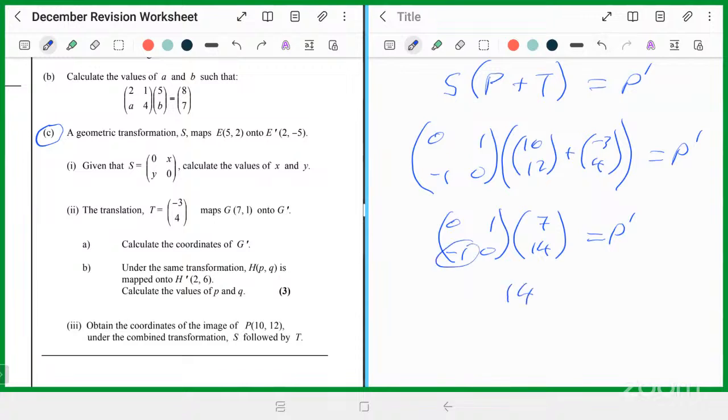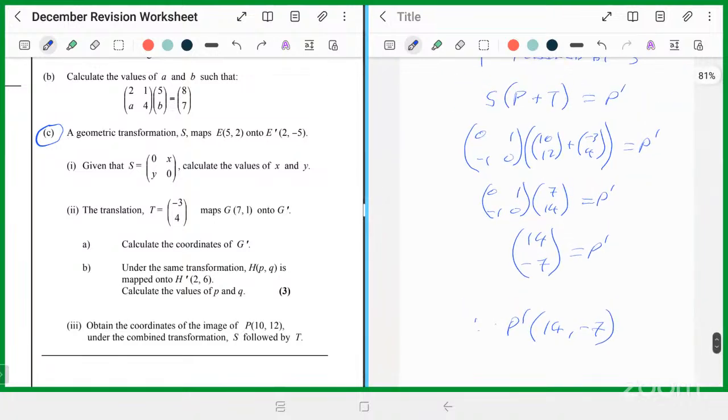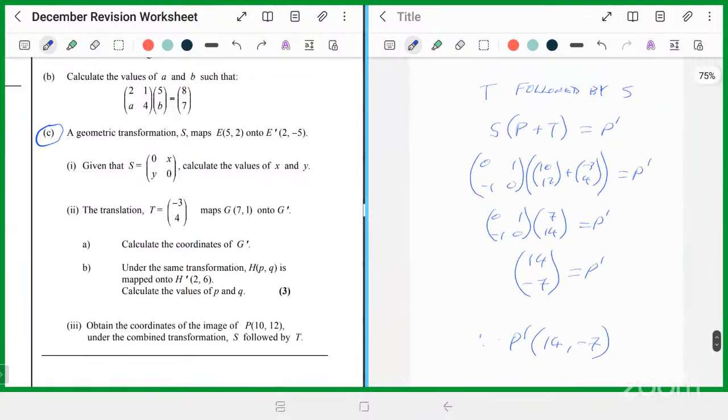Then negative 1 times the 7 is negative 7. That would be your P prime. And therefore, P prime would have been 14, negative 7 if you were doing T followed by S. That's what it would be if it was T followed by S instead.